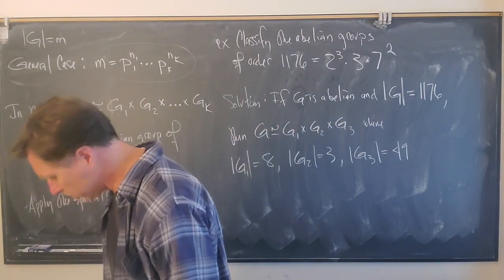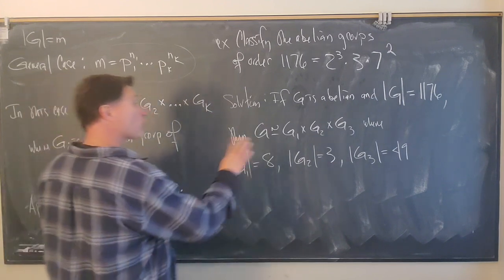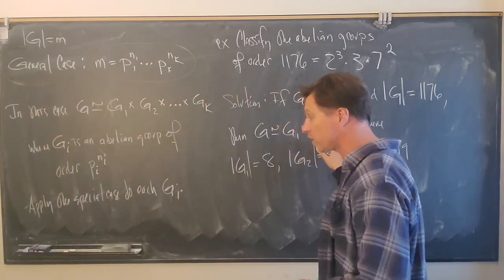And so what we want to do is write down the possibilities for each of these three groups.